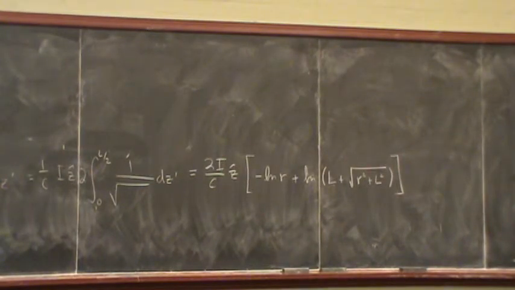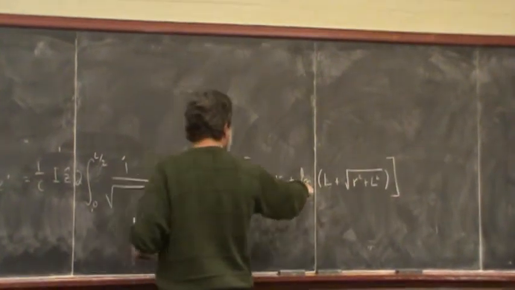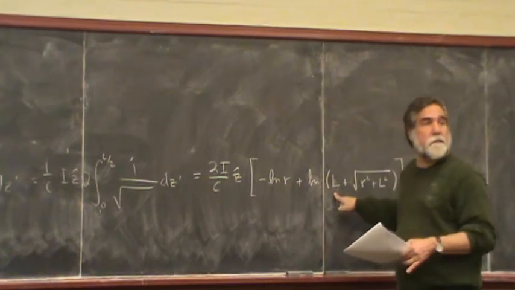You added a factor, because the limit there is L over 2, so you multiplied by 2. I'm worried about what I actually plugged in here.